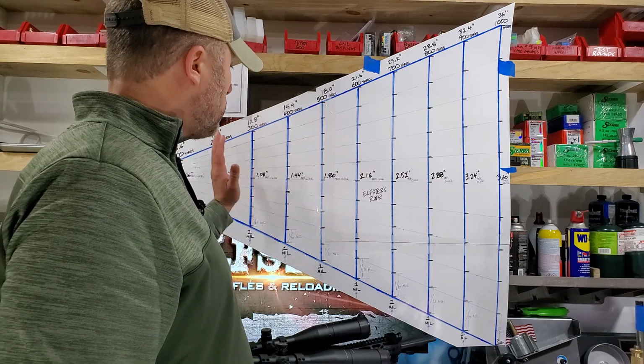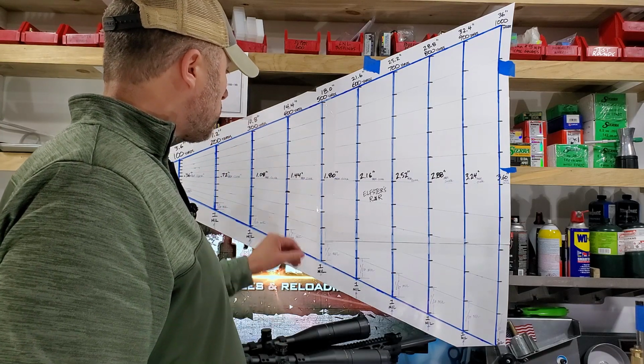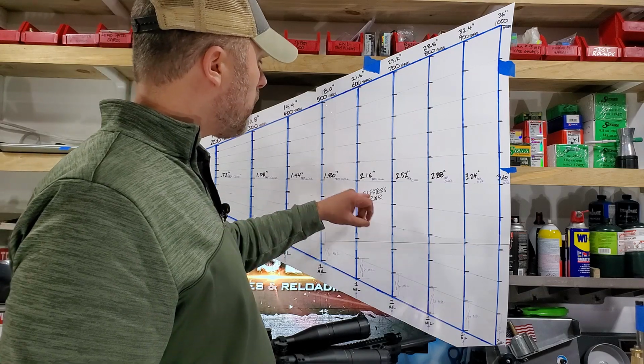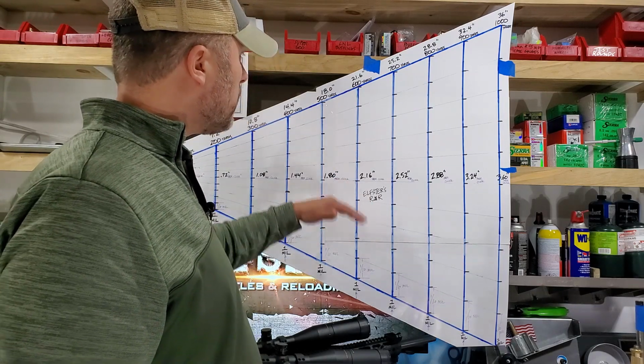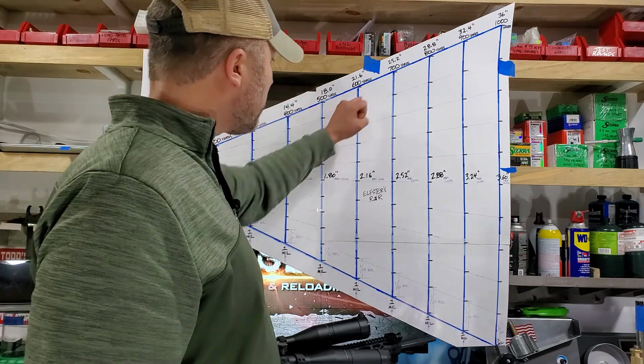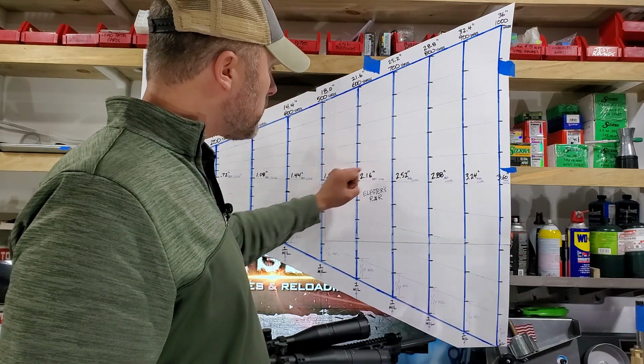Same deal with the mil-based scopes. For pure example, they do sell mil-based scopes that, rather than adjusting in 0.1, adjust in 0.05. So you're going to be adding another line between each one of these.